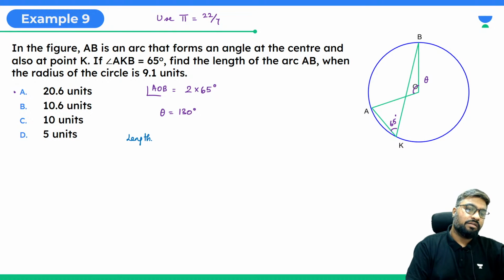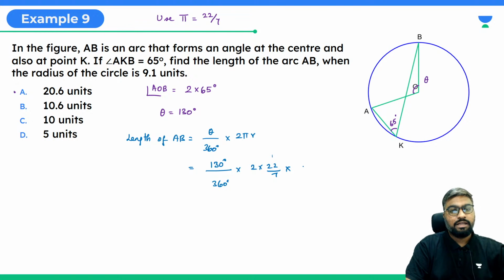So length of AB is going to be what? Theta by 360 degrees into 2 pi r. Theta is 130 by 360 degrees into 2 times 22 by 7 into r. What is r? 9.1. So we can cancel this off. This is 44, 11 times.